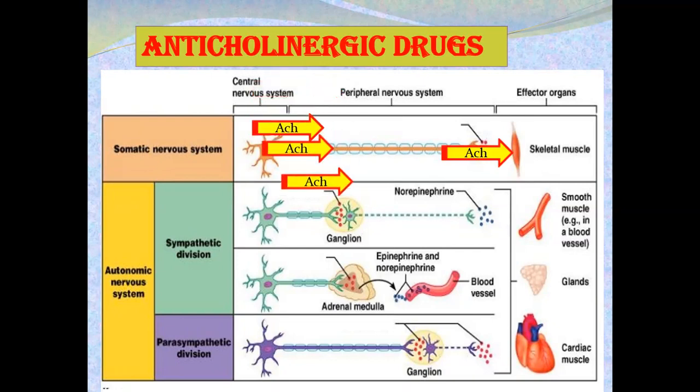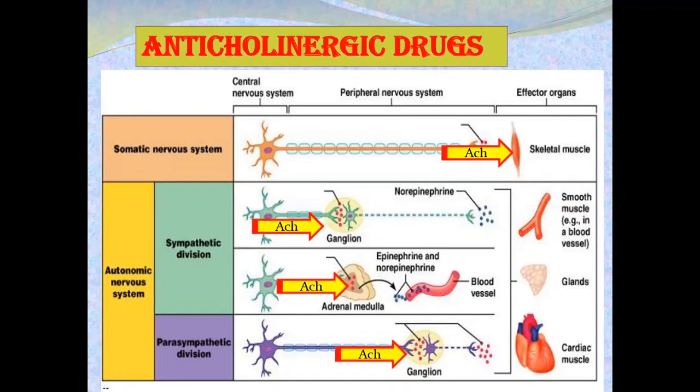Whereas in the autonomic nervous system, anticholinergics work at the cell junction at the ganglion, where one cell is joining or meeting another cell. That is where they work in the sympathetic nervous system.